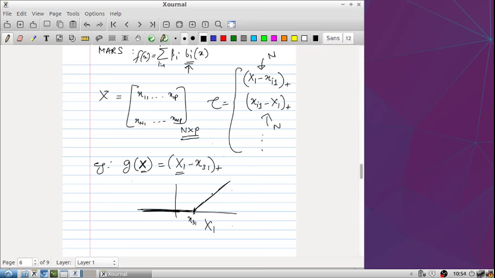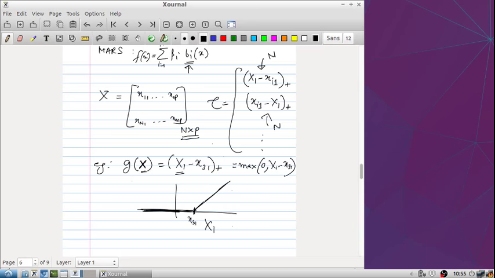Another way to write this function, which is maybe even simpler, is just the max of 0 and x1 minus x31. They're the same thing. It's just saying that if this number is negative, my function evaluates to 0. If this number is positive, then it evaluates to exactly an offset version of x1. The offset is exactly 5. So if x1 is 6, then 6 minus 5 is 1, and 1 would be the value here.